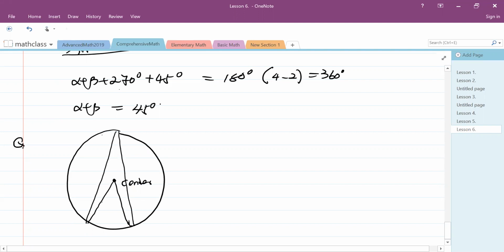So these two angles are going to be identical. It's possible, right? Yes.